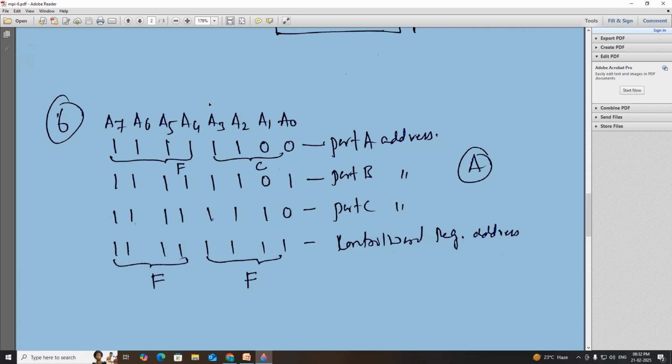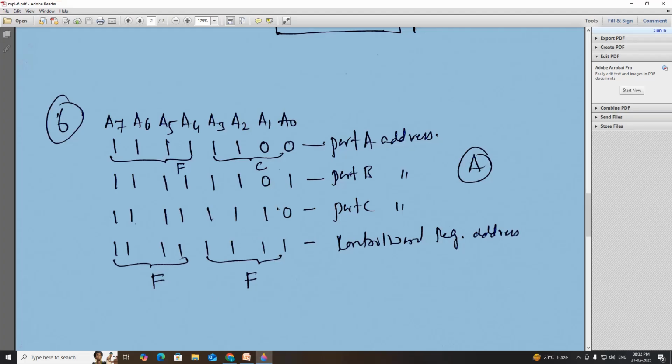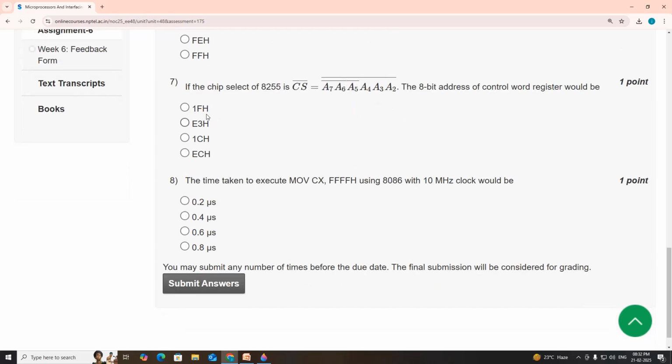FF is given, so if you complete it, all ones. So the address of port A is FC, which is option A.